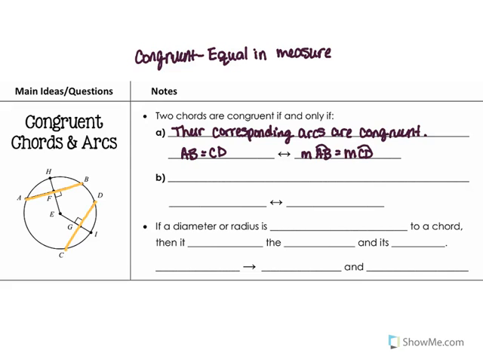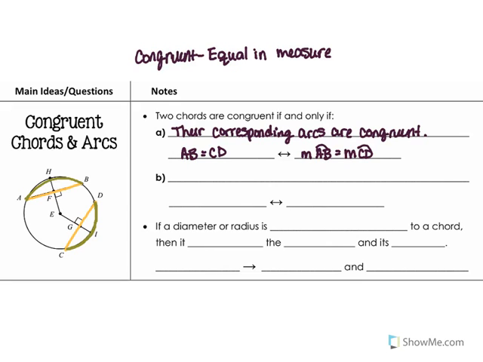So this is saying that these are only equal if arc AB, so that's this arc, is congruent to this arc CD. So those two green pieces are congruent and those two yellow pieces are congruent. They're only congruent if both parts are congruent.